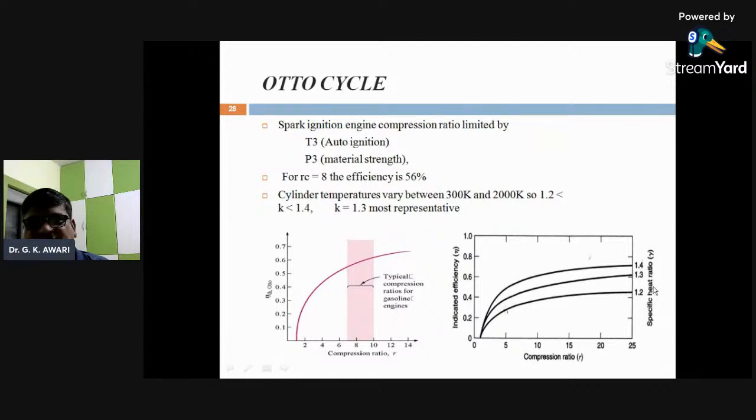If you do the heat addition by 2 to 3, then again it will increase.